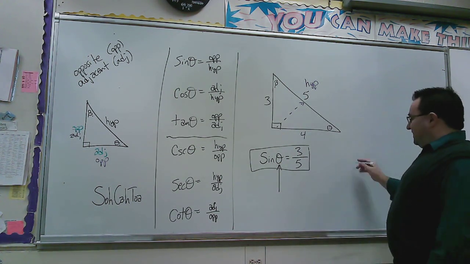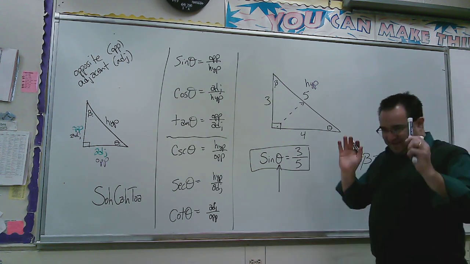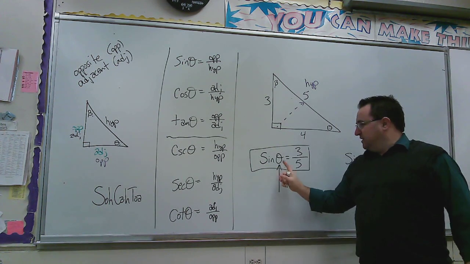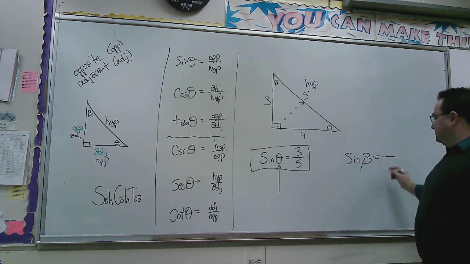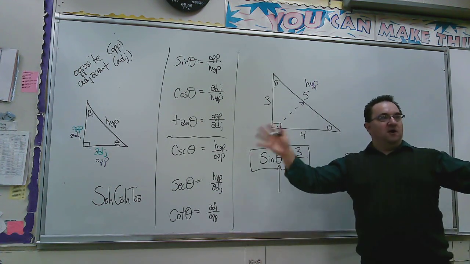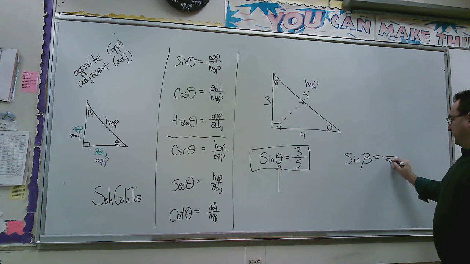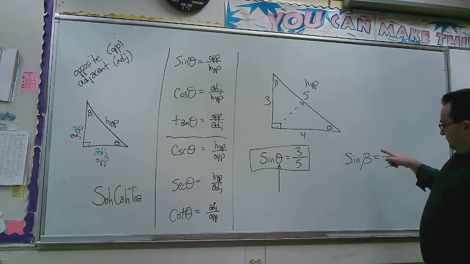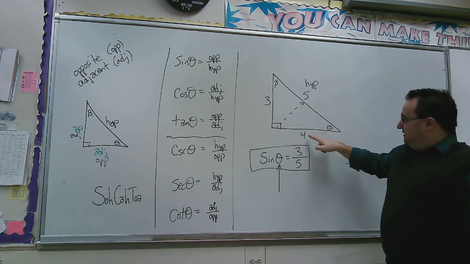However, if I asked you what is the sine of beta, see, especially at first, people just pay attention to the sine like that's all that matters, and this is some meaningless detail, but watch the difference that it makes. I know sine is always opposite over hypotenuse, and I know that is the hypotenuse. The question is, what the heck is this opposite? Well, if you look from beta, the opposite side would be 4.